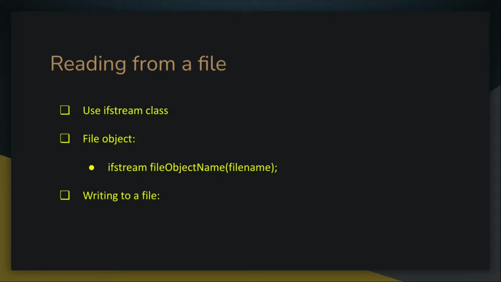Then reading from a file, this is the syntax. First things first, you define the type of information that you want from that file. Then you use getline, which takes two parameters: the file object and a line.